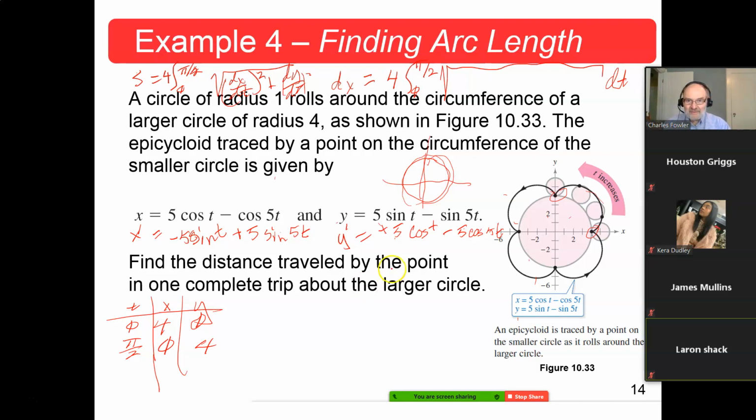Let's just work it out, because I'm afraid I'll lose you somehow there. The square of this is 25 sine squared t, plus twice the product of these two. That's going to be minus 20 sine t sine 5t.